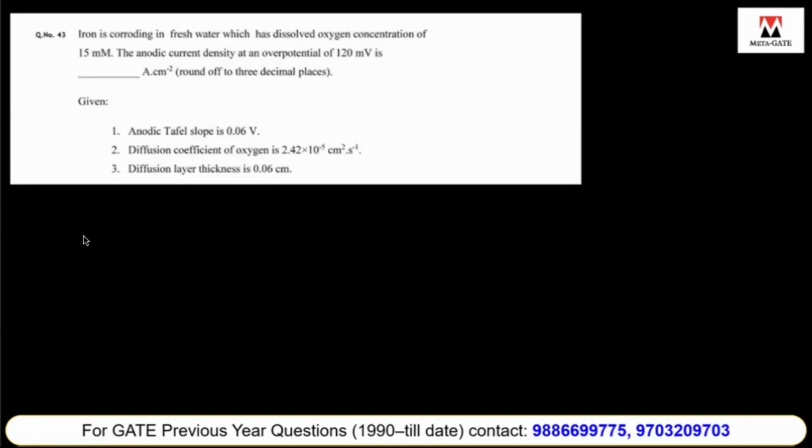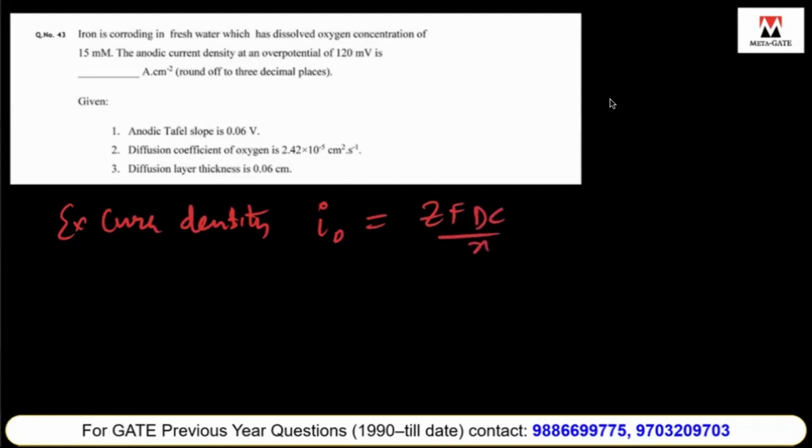So if you see, the exchange current density is given by I naught, which is equal to Z into F into D dC by dx. You can get this from diffusion law, D into dC by dx. This can be written as I naught by ZF.